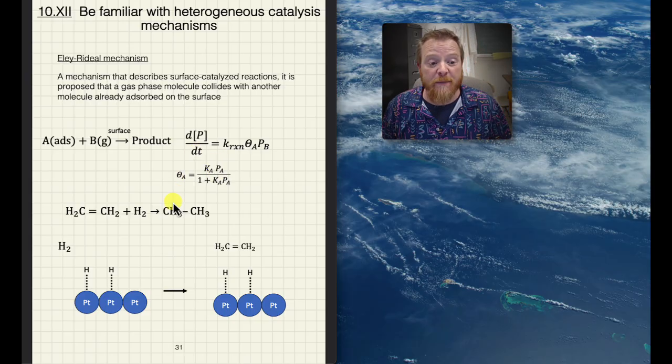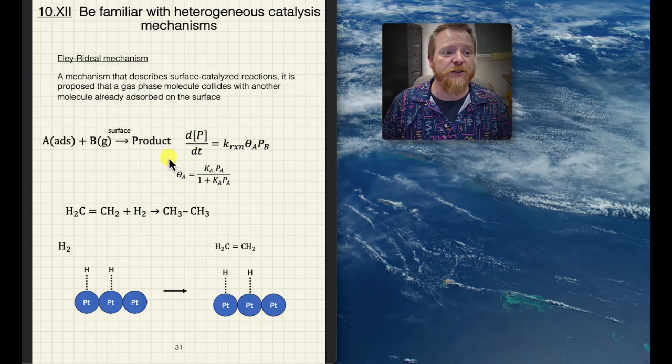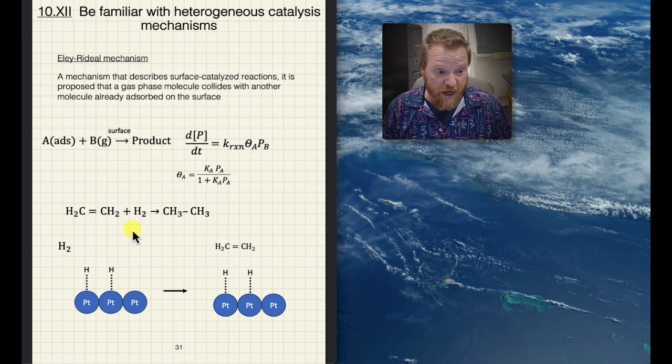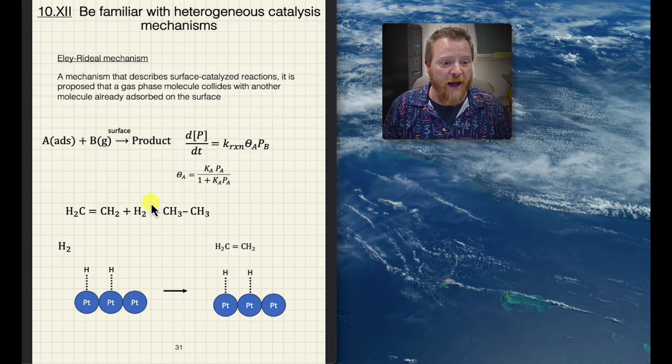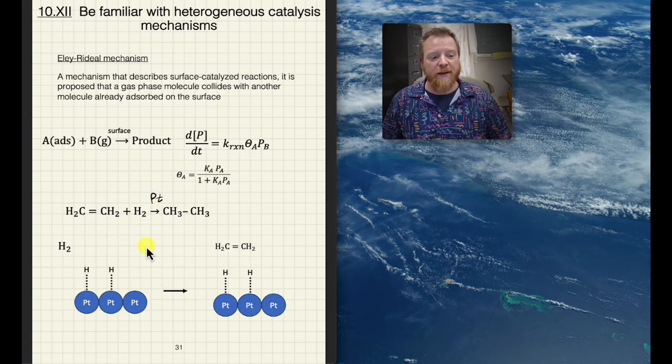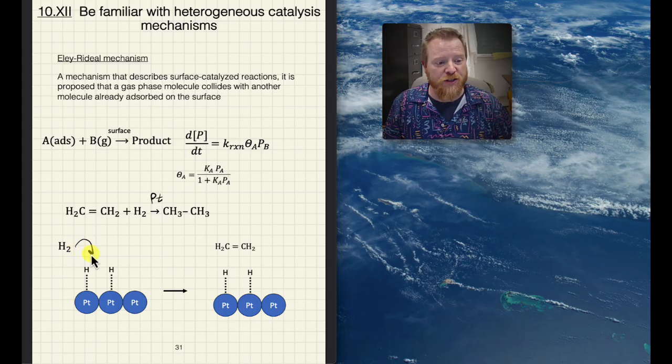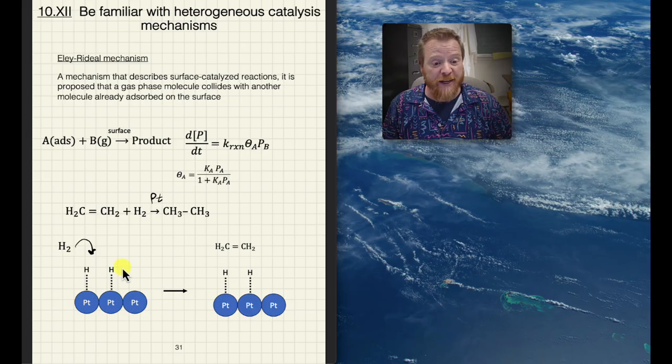A classic reaction that is believed to take place via Eley-Rideal is the hydrogenation of an alkene to form an alkane, once again over a platinum catalyst. In this mechanism, it's believed that H2 first lands dissociatively onto the platinum surface into two free hydrogen atoms. Now an alkene molecule will come in and react with those two free hydrogens.